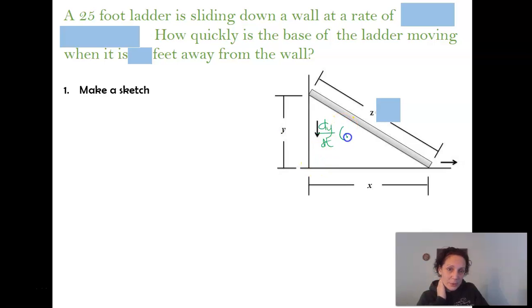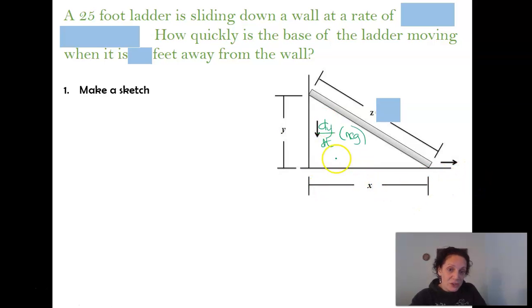So I like to put in parentheses, oh, by the way, this is going to be negative, right? Y is going down. Y is shrinking. So the rate of change for it is going to be negative, just like a line that has a negative slope, right? If y is going down as x grows, you have a negative slope. Y is going down over time, so we have a negative rate of change. So at any given moment, there's a certain height that the ladder is on the wall, and then there's the rate at which it's falling.